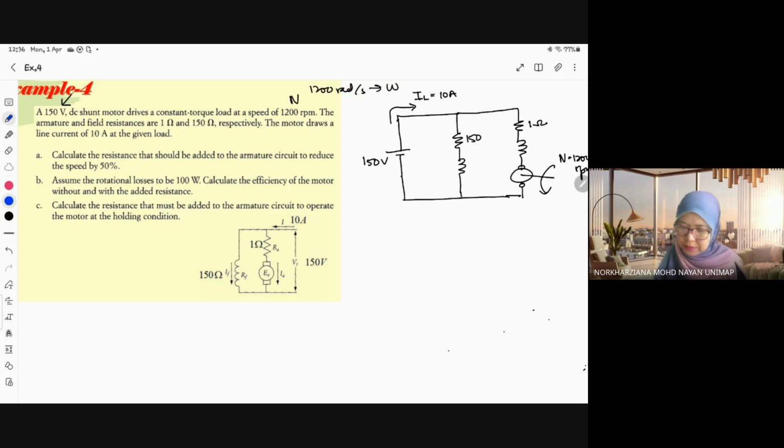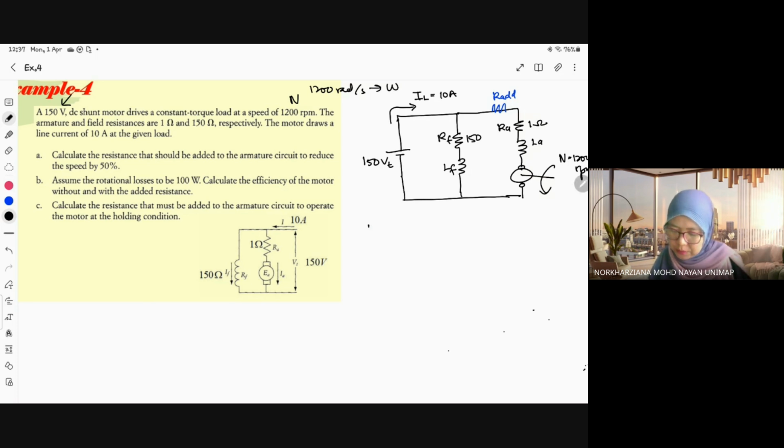So we need to add R here. This one is LA, RE, RF, LF. This one is VT. Calculate the resistance that should be added to the armature circuit to reduce the speed by 50%.